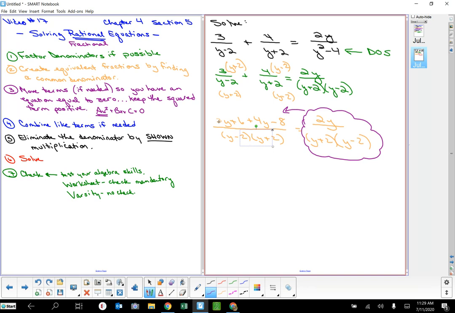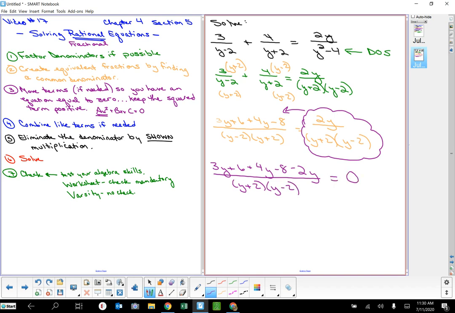So right now, I'll do this longhand. I will write out every term in my numerator. 3y plus 6 plus 4y minus 8, and I'm going to subtract off the 2y from the other side. They all have the denominator, y plus 2, y minus 2.